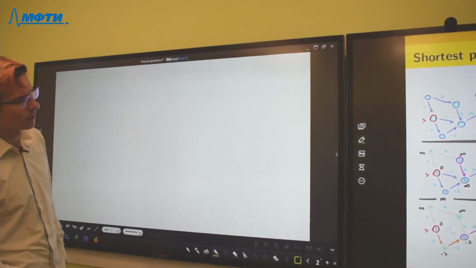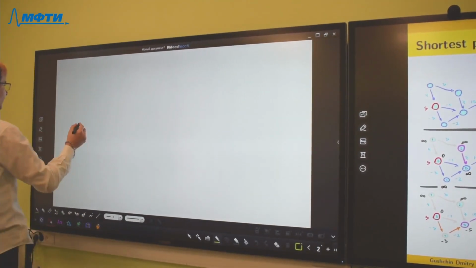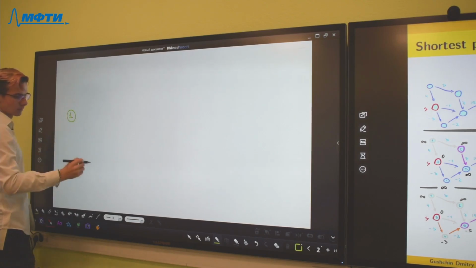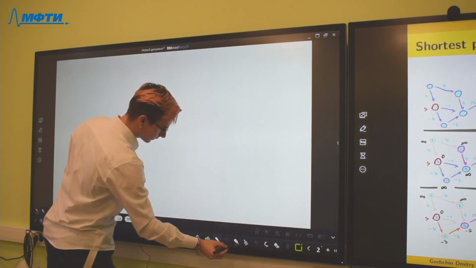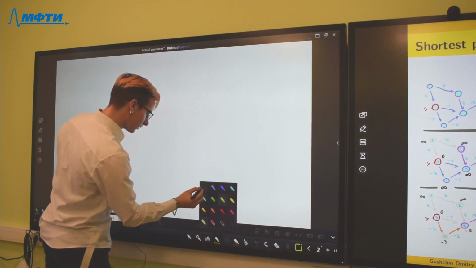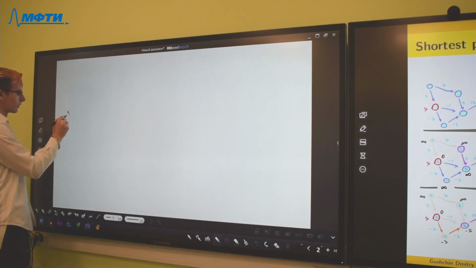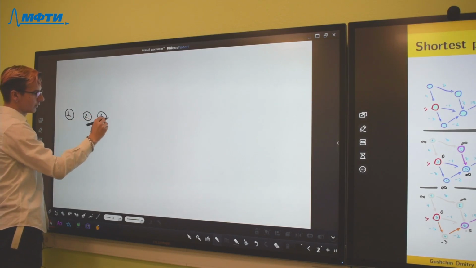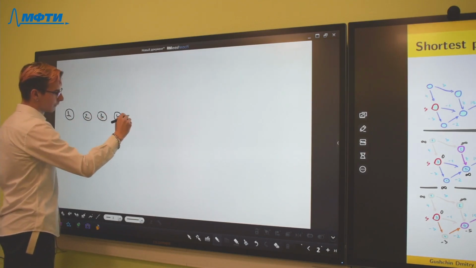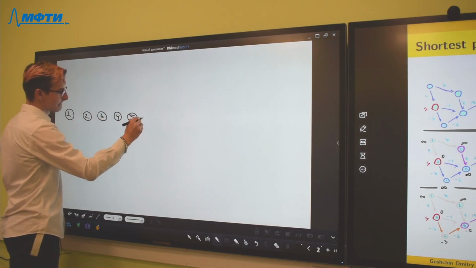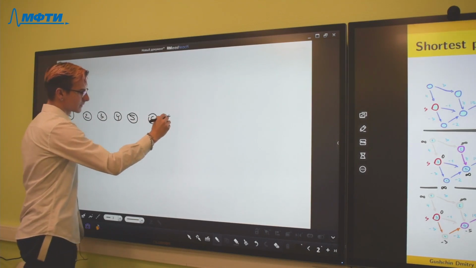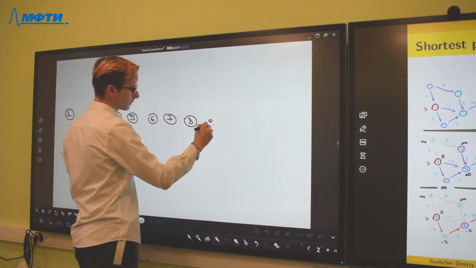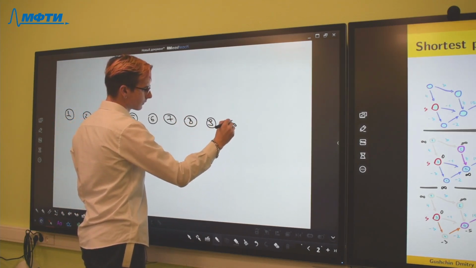I can draw, we have 10 vertices. 1, I use another color, 1, 2, 3, 4, 5, 6, 7, 8, 9, 10.